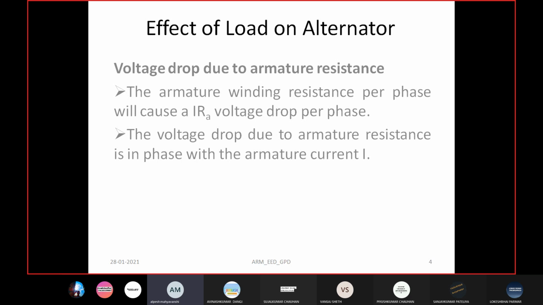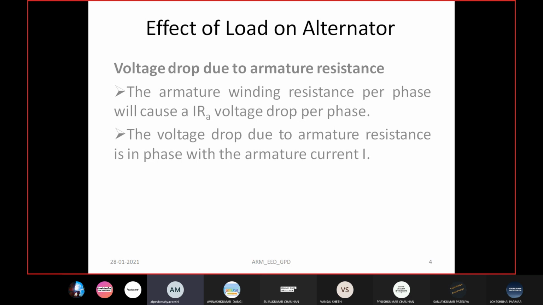In electrical engineering we know that when current flows through any conductor or winding which has some resistance, some voltage drops in that winding. So here, the current flows through the armature winding with resistance Ra, giving the I·Ra drop.